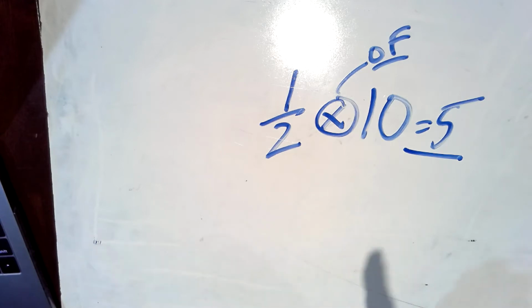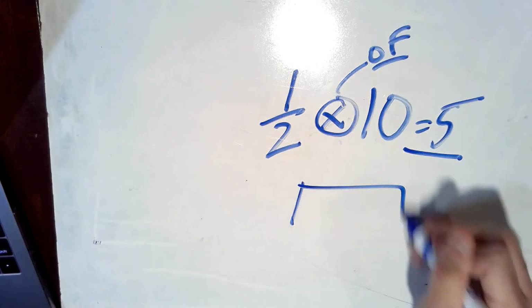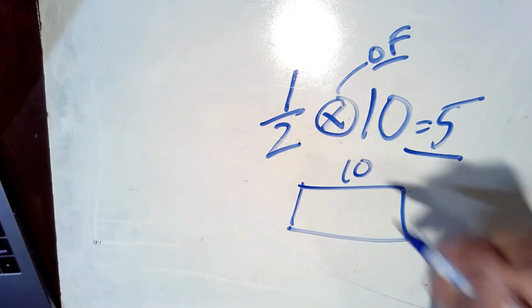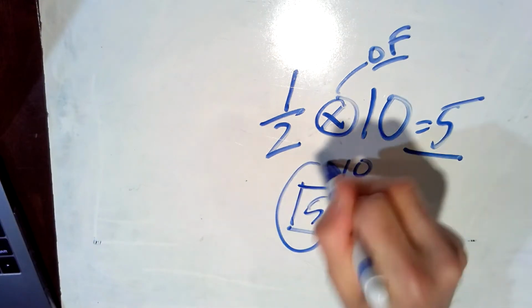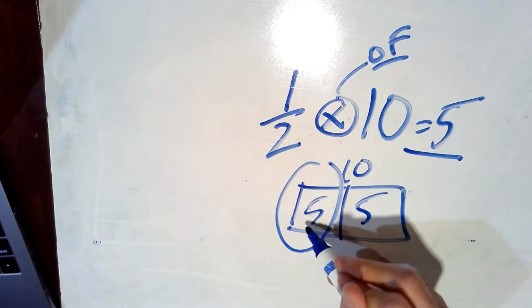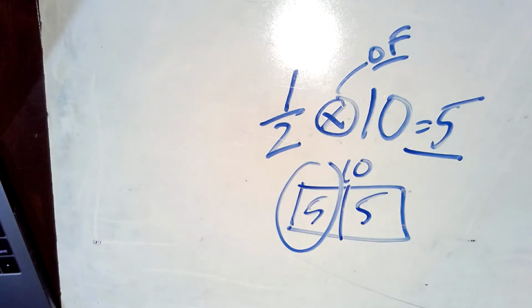We took this bar and we called it 10. If I cut it in half, each would be 5. Half of 10 would be 5. So our answer 5 actually got smaller even though we multiplied. We're used to multiplication having answers get bigger, but when one of the factors is a fraction less than one whole, the product actually decreases.